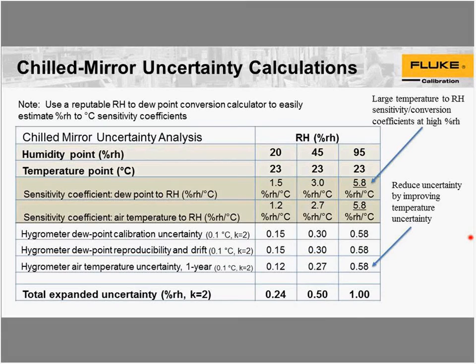Can you configure the 5128 to provide conditioned air to an external chamber? There are sample ports on the front designed primarily to take a sample of the air out and run it through something like a chilled mirror hygrometer.